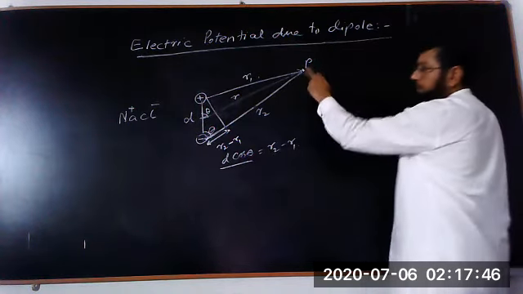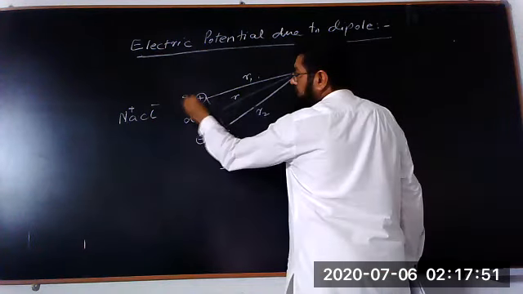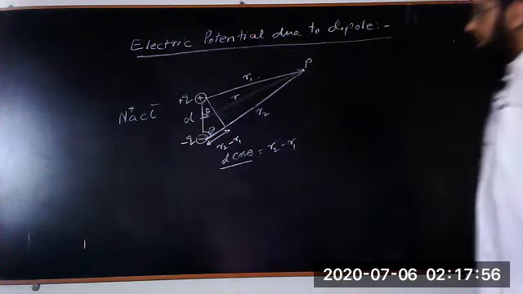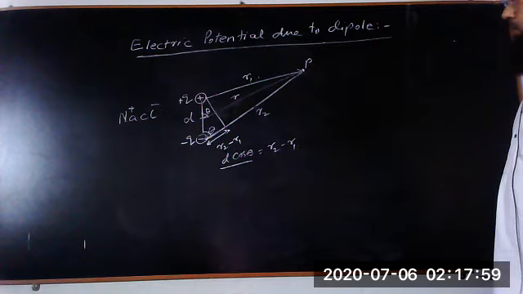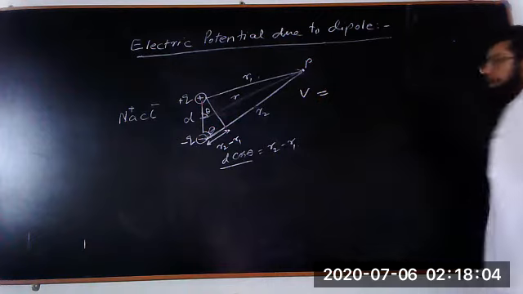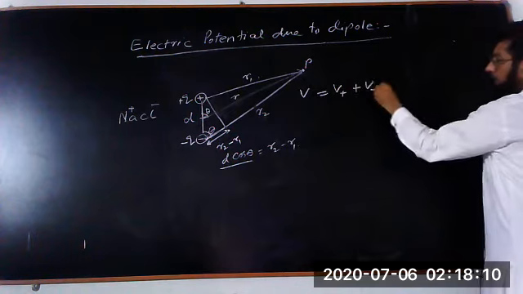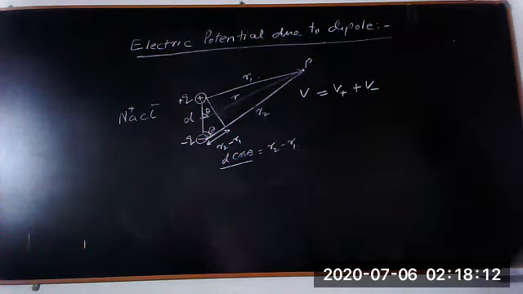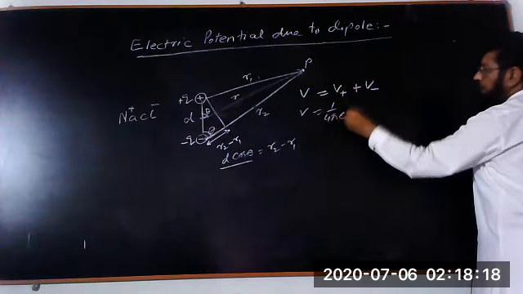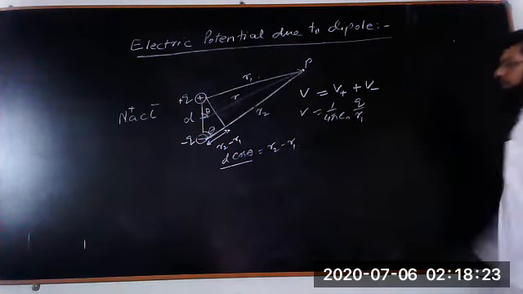Now we have to calculate the potential at a point P. This charge is the charge Q, this is the positive charge and this is the negative charge. The potential at point P is equal to the potential due to the positive charge plus the potential due to the negative charge. The potential due to the positive charge is 1 upon 4 pi epsilon naught Q upon R, and this R is actually R1.